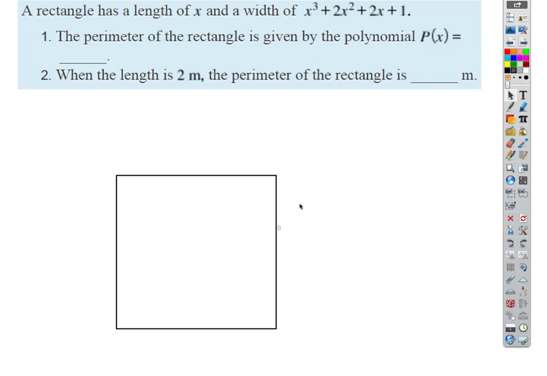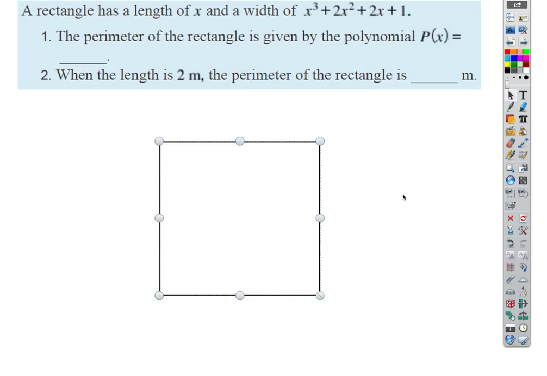Pretend it's a rectangle. A square is a rectangle. Okay, what's this telling us here? It tells us a rectangle has a length of x, so we'll call this the length, I guess, right? So that's x, and a width, I guess we'll call that the width, of x cubed plus 2x squared plus 2x plus 1.